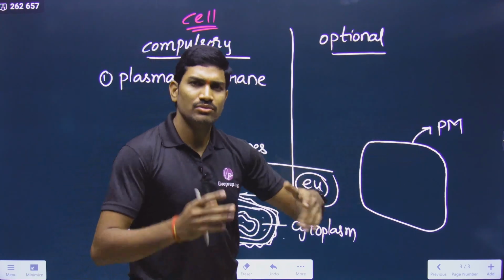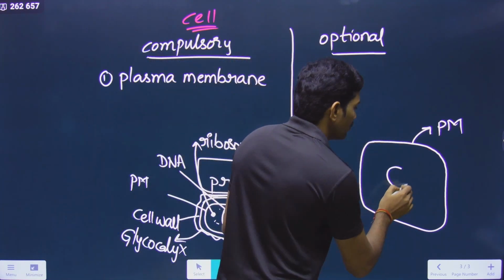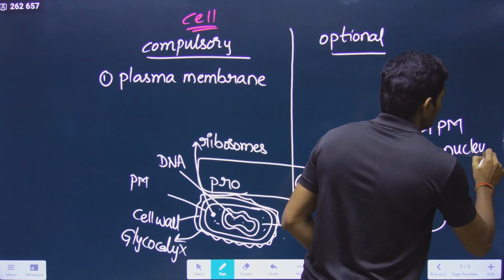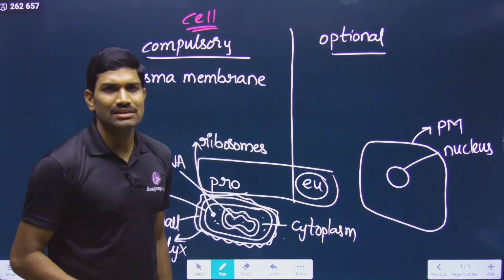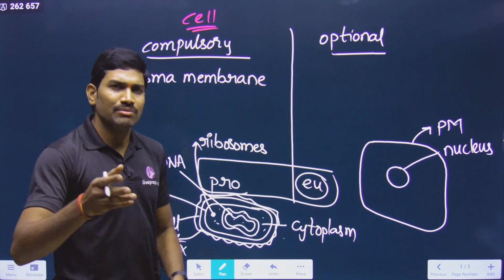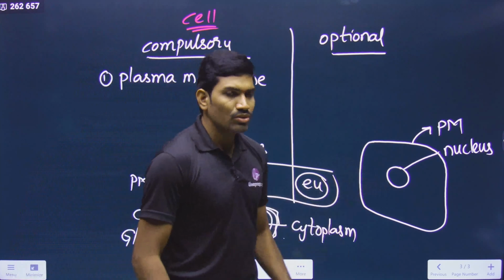So I am not drawing it, leave it. Next, in the case of a eukaryotic cell, the nucleus is present. Even though some mature cells like mature RBCs and mature sieve tube cells do not have a nucleus, leave it, because initially they have a nucleus.